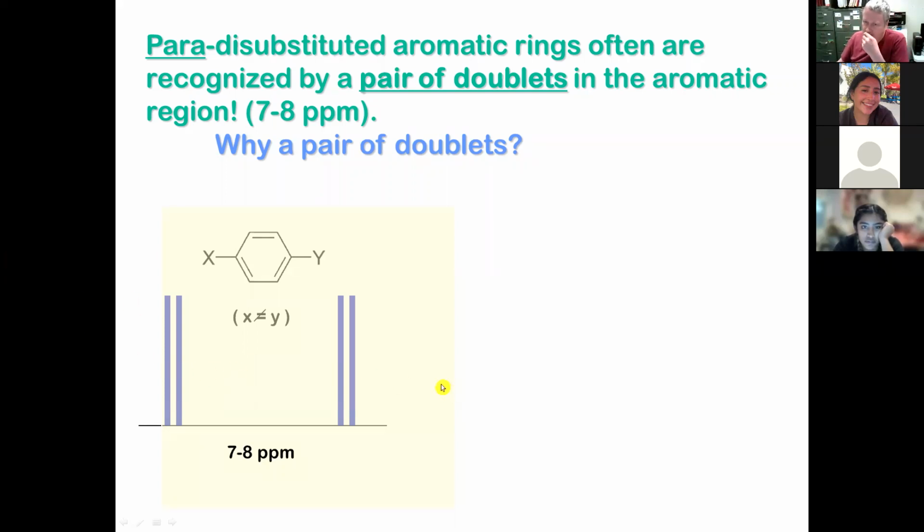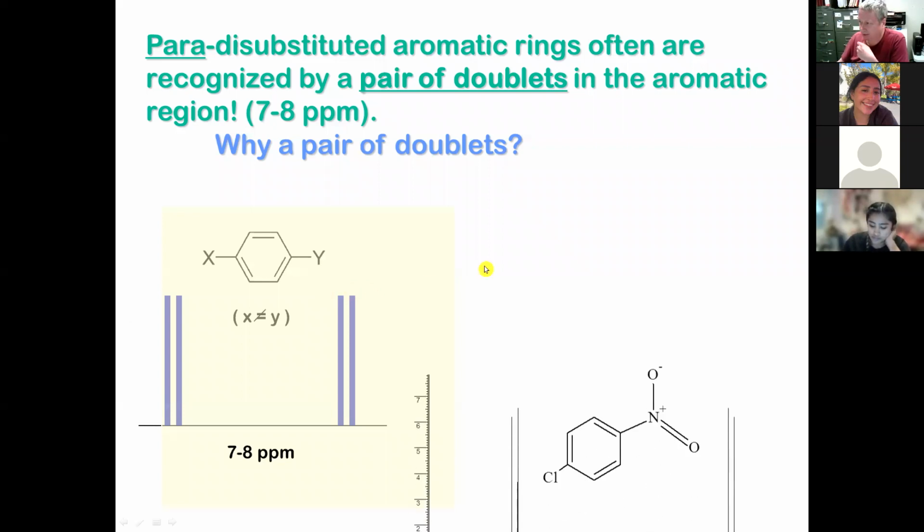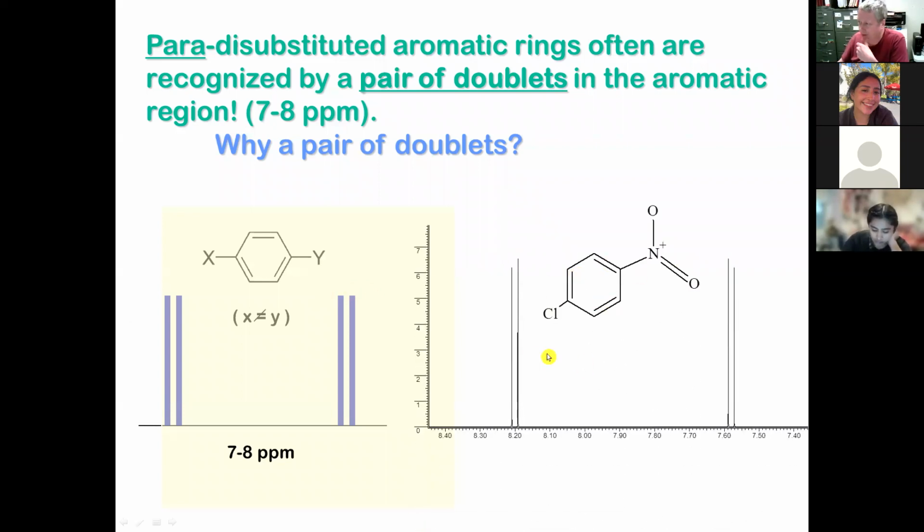So this requires X and Y to be different. Somebody said symmetrical ones can't do splitting. That's correct. So here's a real example: chloronitrobenzene. Look at that, two doublets, and they come in different places, roughly in that 7 to 8-ish region.